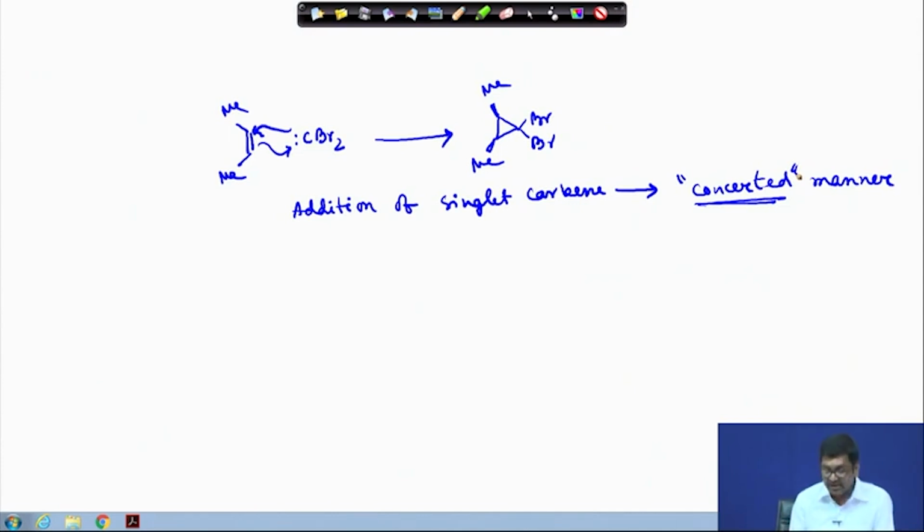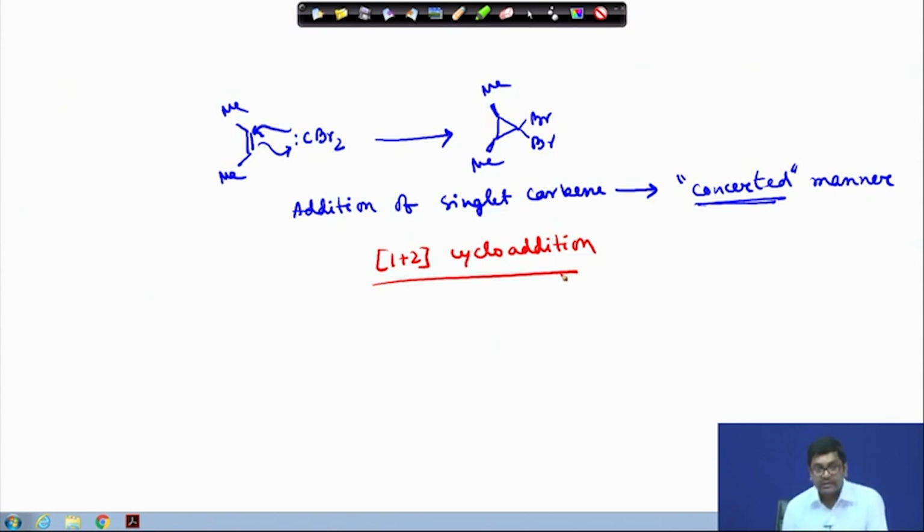Okay. In general, this can be called a 1 plus 2 cycloaddition. Okay. Now, in this type of concerted reaction, what happens? The geometry of the starting material, that is the alkene, is preserved in the product.